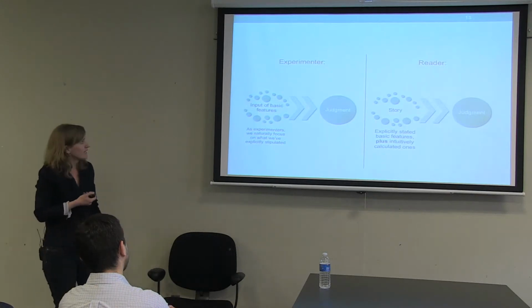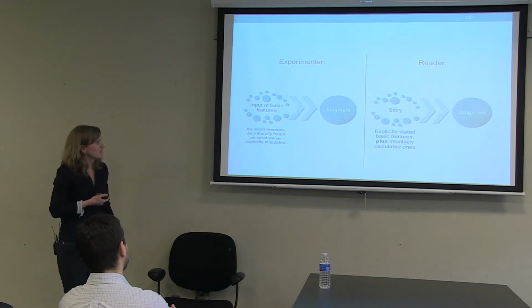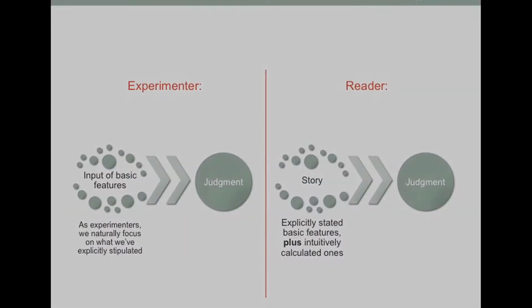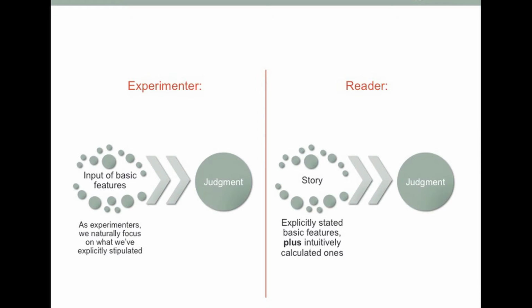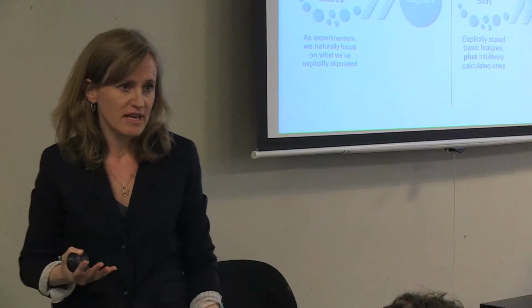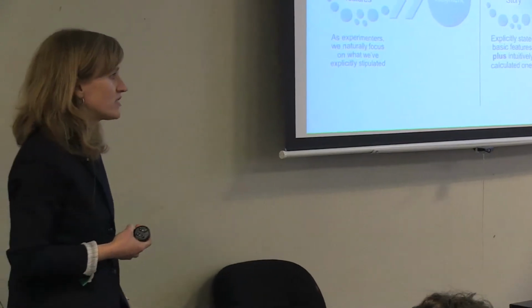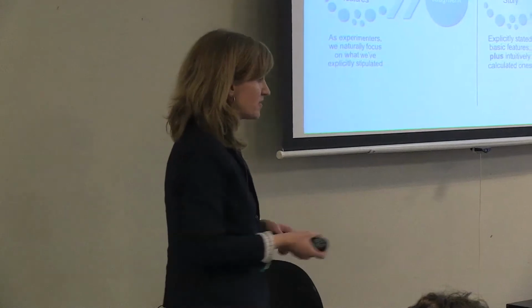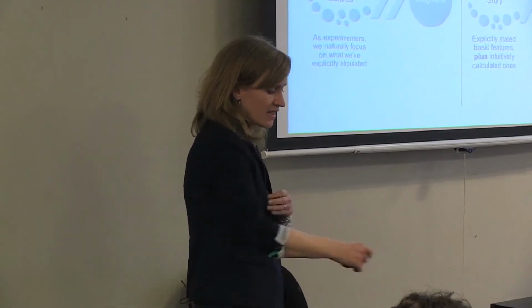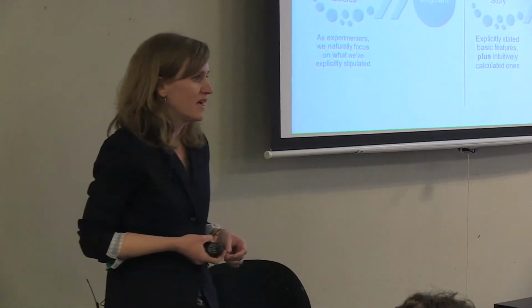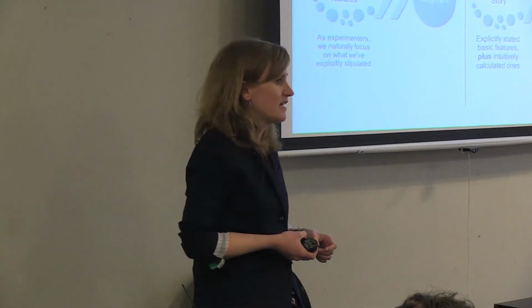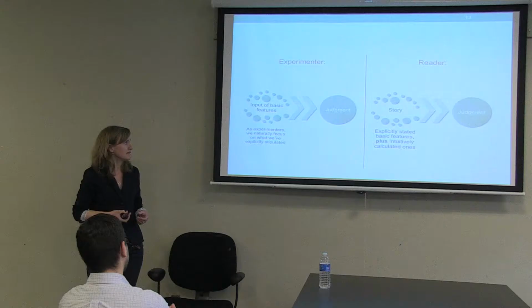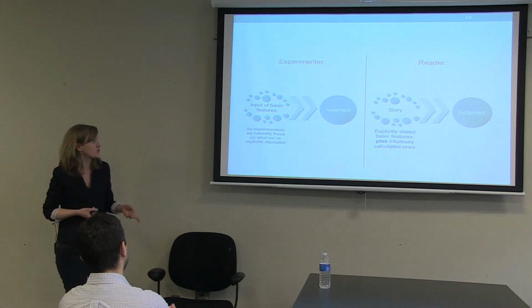So when I say there's two perspectives on the case, I might schematize them something like this. From the experimenter's perspective, I've got a story to tell, which has some kind of input of basic features. The basic features in a narrative, which elicits a judgment about knowing and thinking, might be descriptions of what the subject of the case is experiencing, saying, doing.